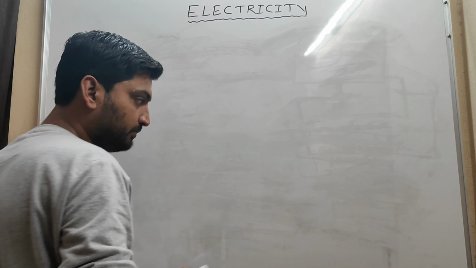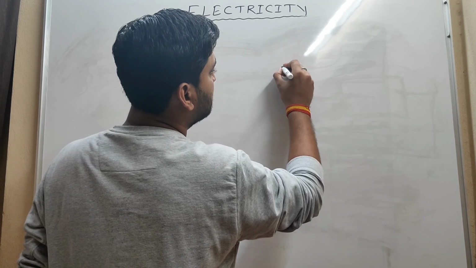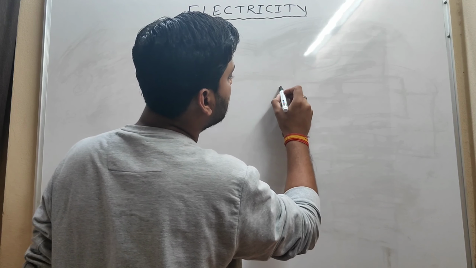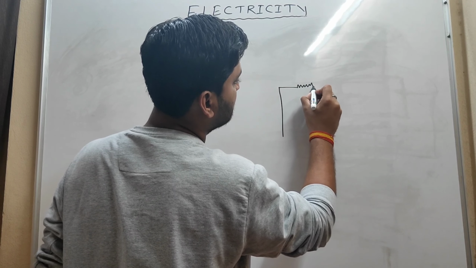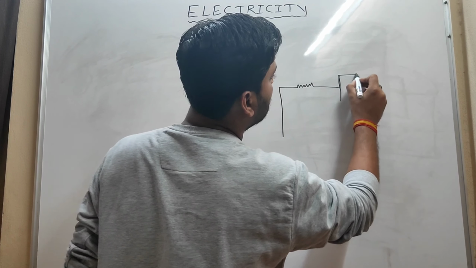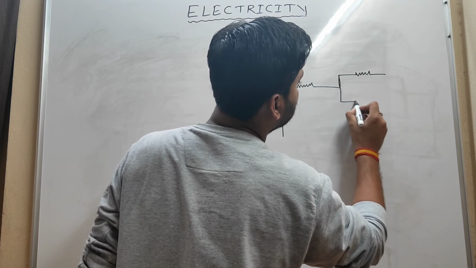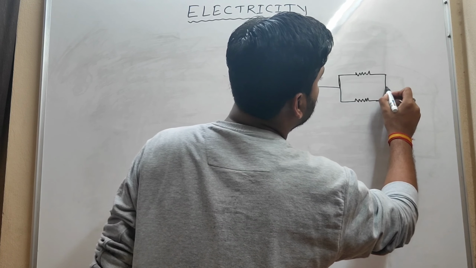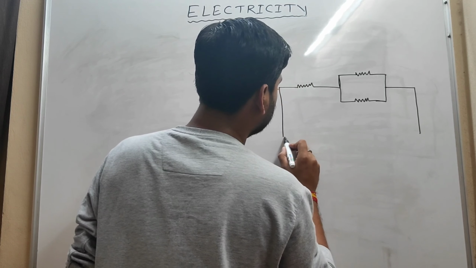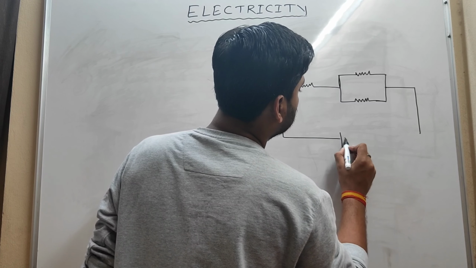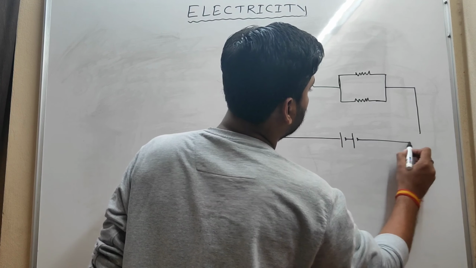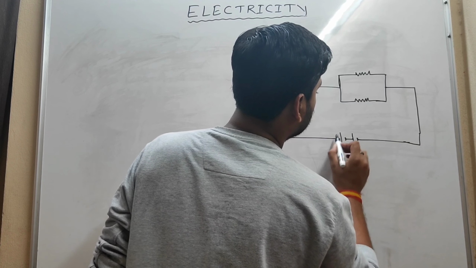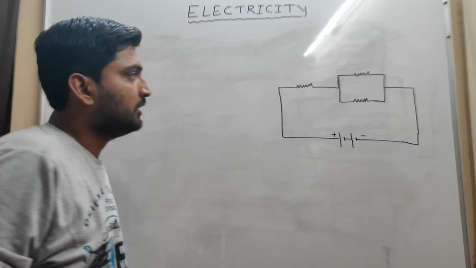So next problem. This problem is a combination of series and parallel connection. Means in this we will get both types of connections, series as well as parallel. Plus, minus.